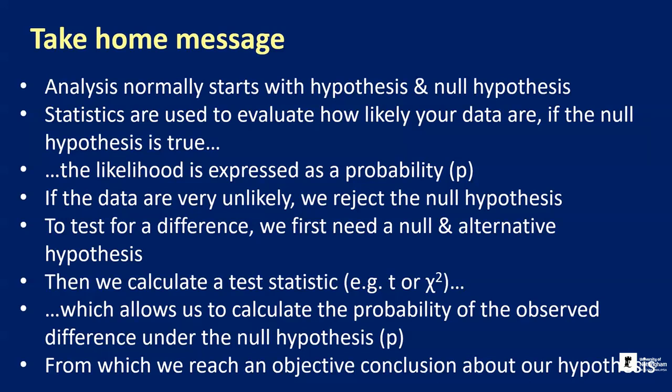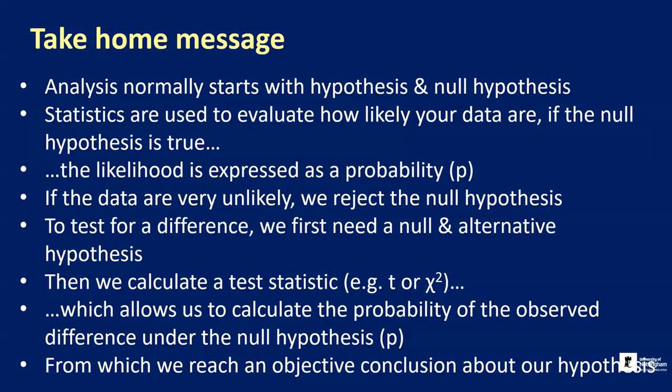It's really important when you're doing analysis that you're not just doing it for the sake of it. You're trying to test an idea, and we formalize that idea as a hypothesis. Normally we have a pair of hypotheses. We have the hypothesis that says something's going on, there is a difference or there is a trend, and we have the null hypothesis that says nothing's going on here.